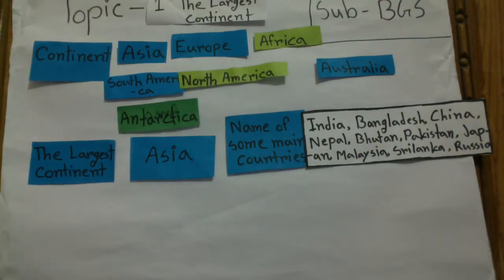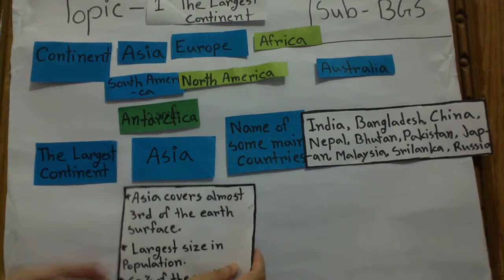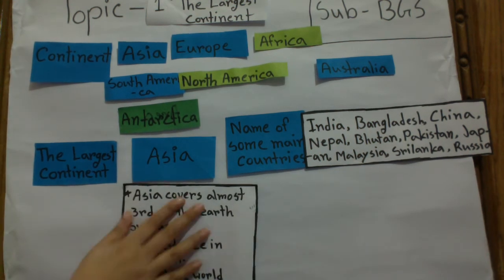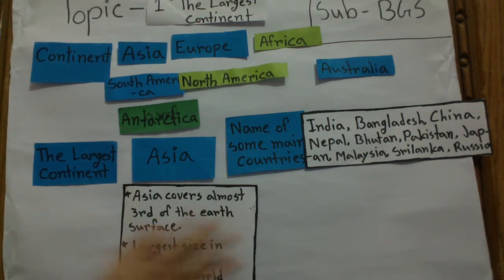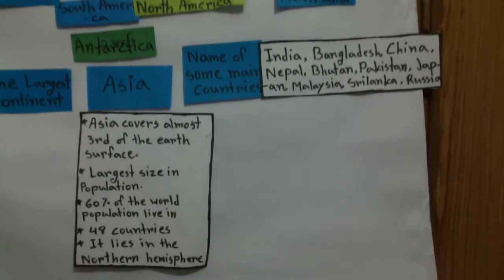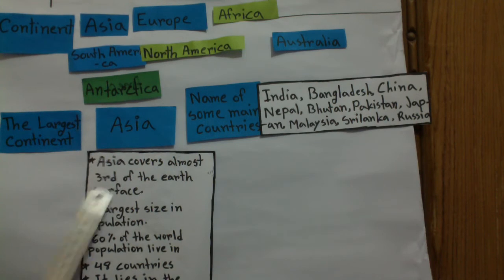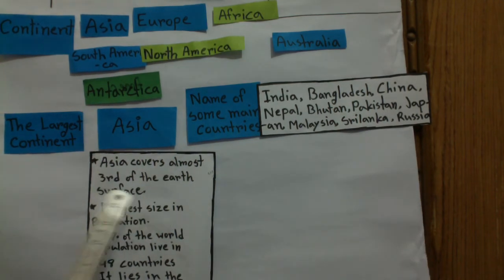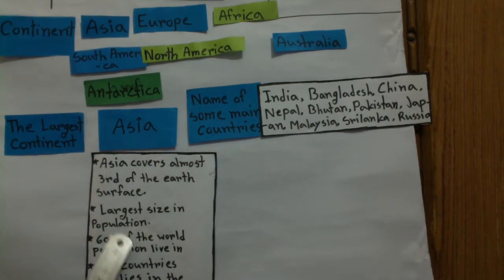So now we have to know some information about Asia. Do you know the information? Look, Asia. Asia covers almost a third of the Earth's surface.